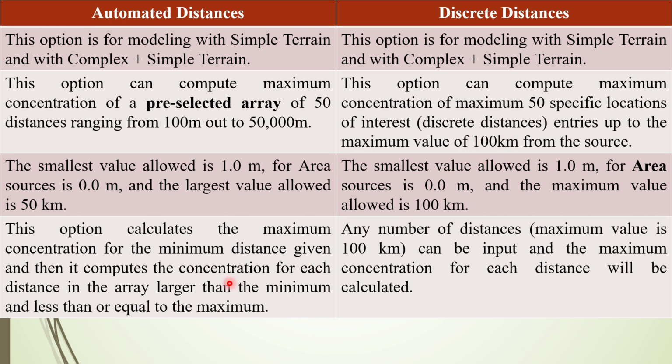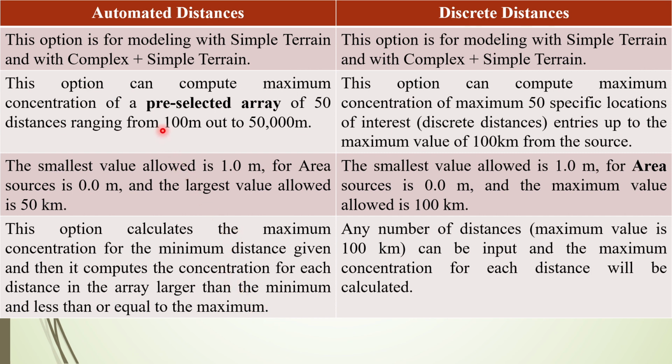This is a very important point: the automated distance option calculates the concentration for each distance in the array larger than the minimum and less than or equal to the maximum.